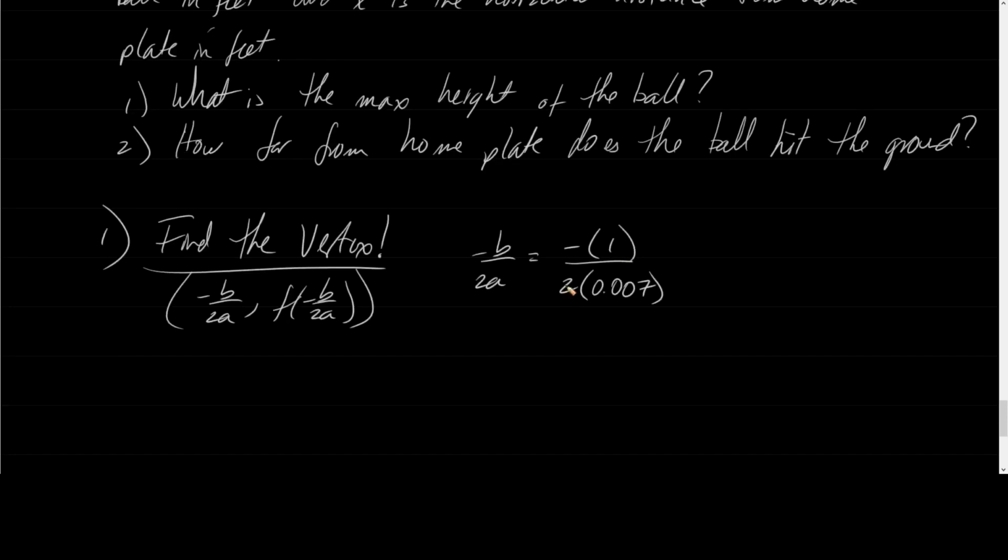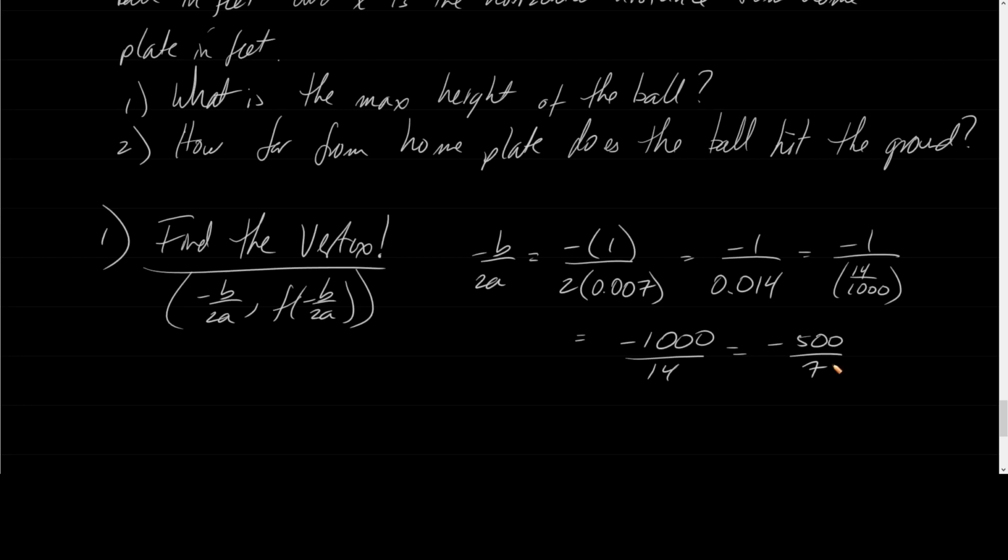And, well, 2 times 7 is 14, so we have negative 1 over 0.014, right? But this is just 14 thousandths, so it's negative 1 over 14 thousandths, which can be rewritten as, well, dividing by a fraction is multiplying by the reciprocal, so negative 1,000 over 14, which reduces to negative 500 over 7.